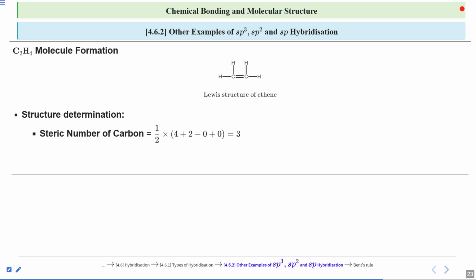We have seen earlier that for the steric number of 3, your shape will be trigonal planar. So we can say that both of these carbons will be trigonal planar in shape, and both will be sp2 hybridized, because trigonal planar means sp2 hybridization and it comes directly from the steric number.